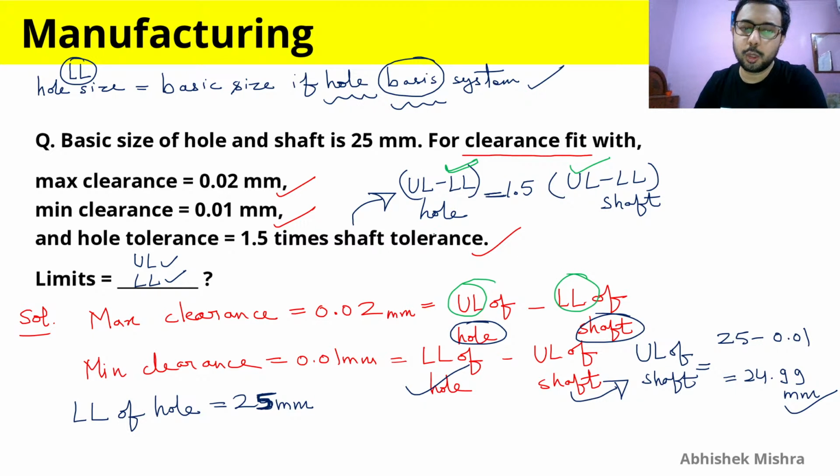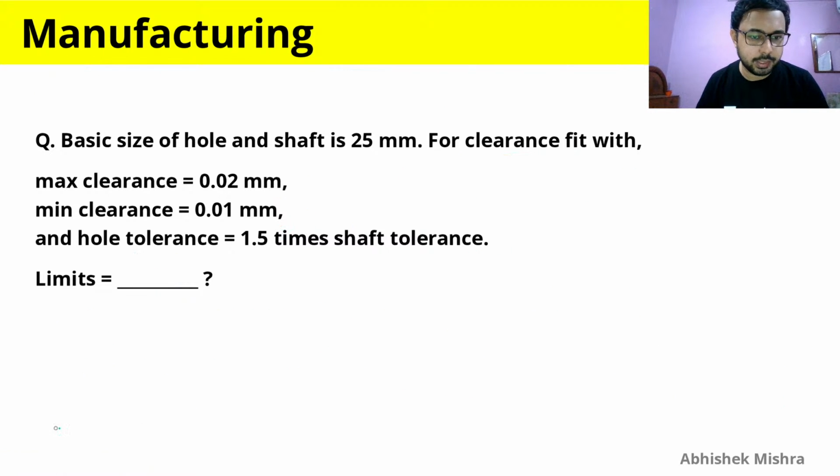From this equation and the first equation we can get two equations, and these two equations have two variables, upper limit of hole and lower limit of shaft, and we can solve them and find the answer. But it will make this whole process a lot more tiresome and lengthy, so we will not be doing that. We will just make a figure and calculate it.